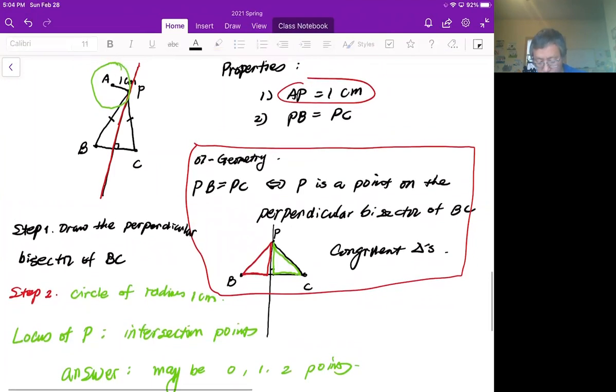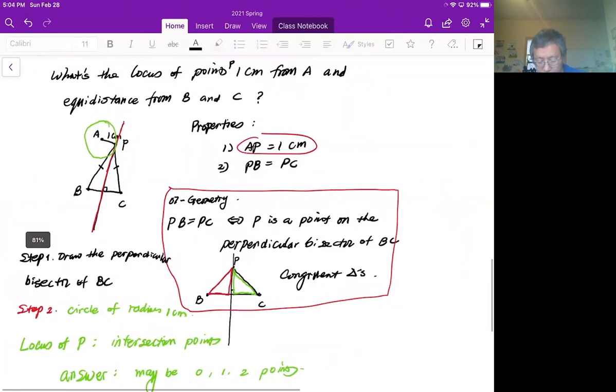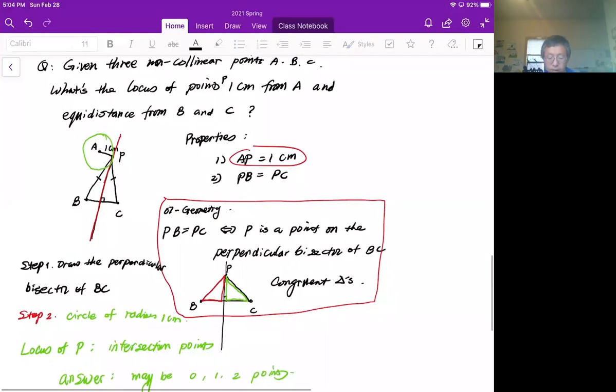Okay. I'm going to give everyone a minute. So that's the problem to find all of the possible P's. For each condition, you just try to draw it.